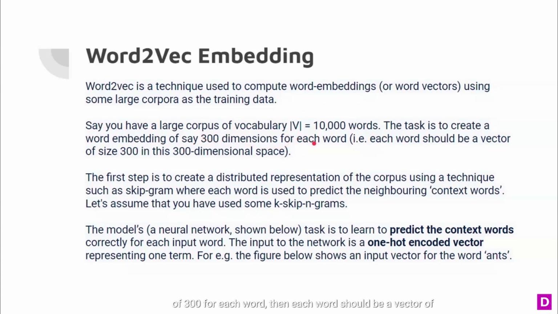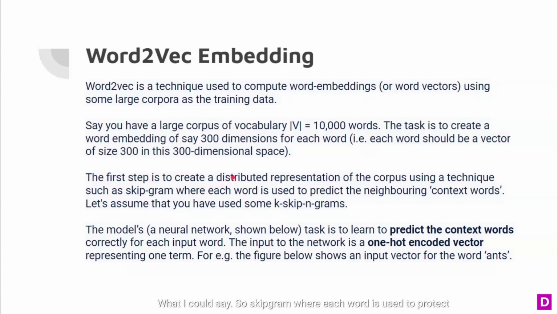Then each word should be a vector of size 300, that is a 300 dimensional space, right? The very first step is to create the distributed representation of the corpus using a technique such as skipgram. What I mentioned before is that Word2Vec is built on the skipgram approach, and the skipgram approach is a probabilistic based technique.